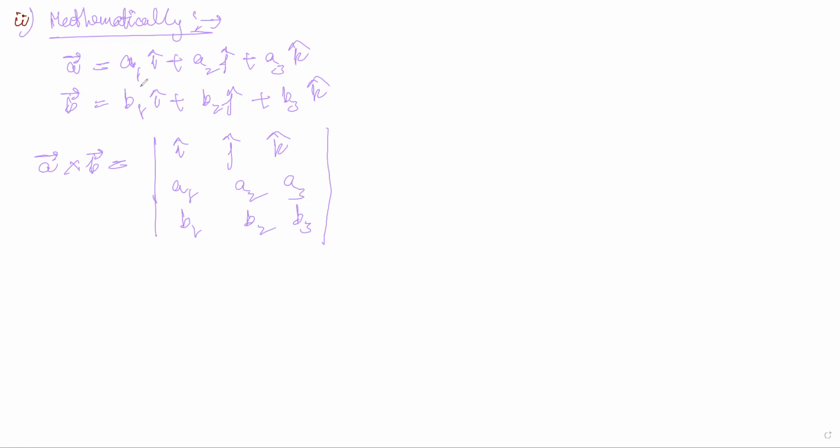Let's understand how the process of vector product is happening. We know the formula that A cross B would be equal to mod A, then mod B into sine theta, where theta is the angle between them, into a vector perpendicular to both of them.